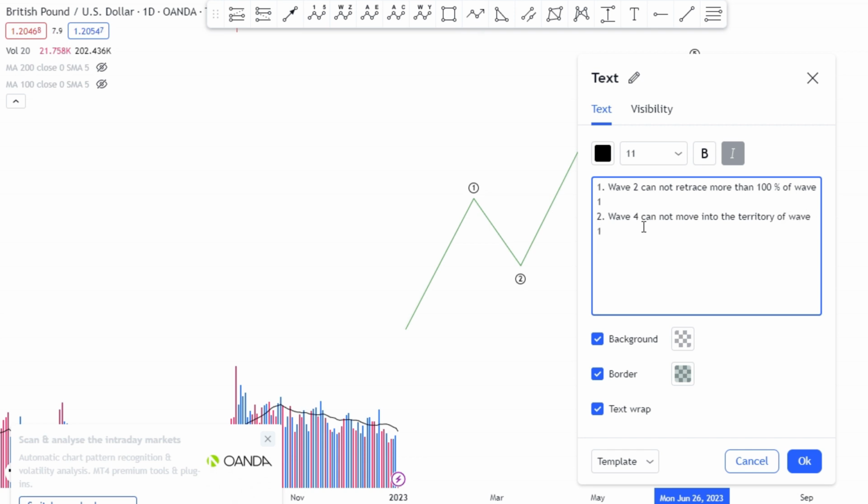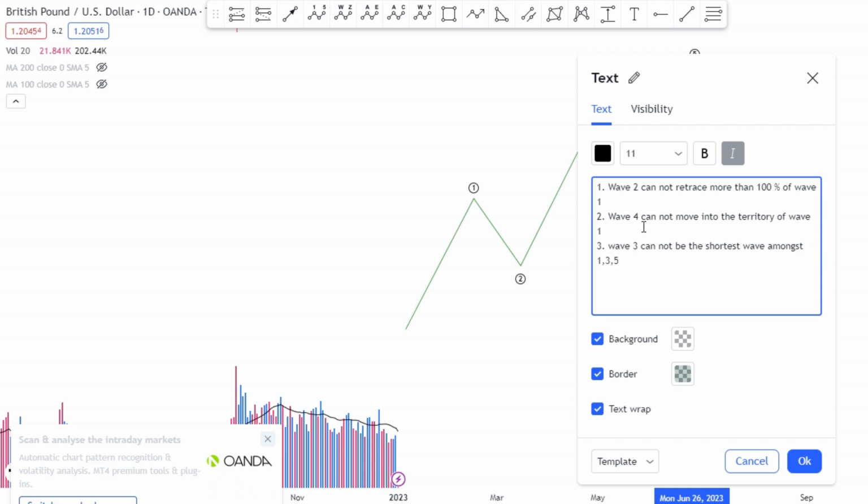Then finally, the third rule is wave 3 cannot be the shortest wave amongst wave 1, 3 and 5.